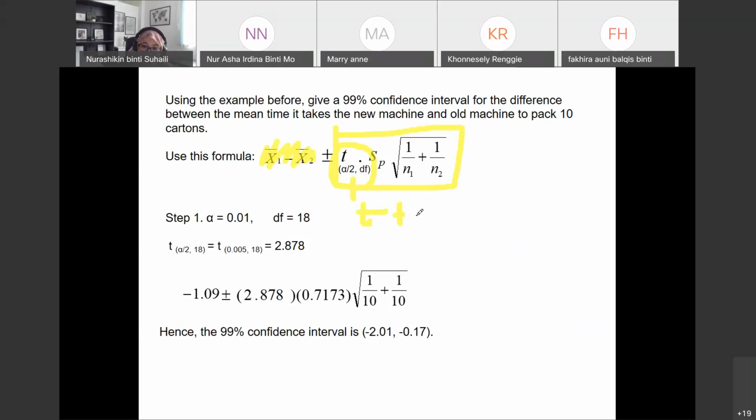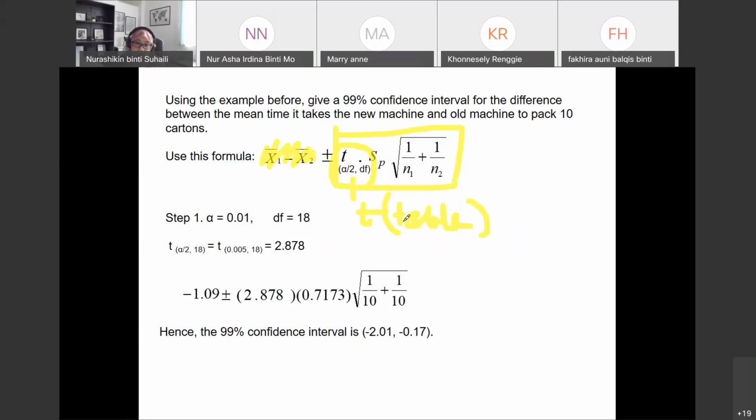And then SP is the pooled variance, but only SP, so you drop the square root, you find the S only, and multiply with the square root of 1 divided by N1 plus 1 divided by N2.